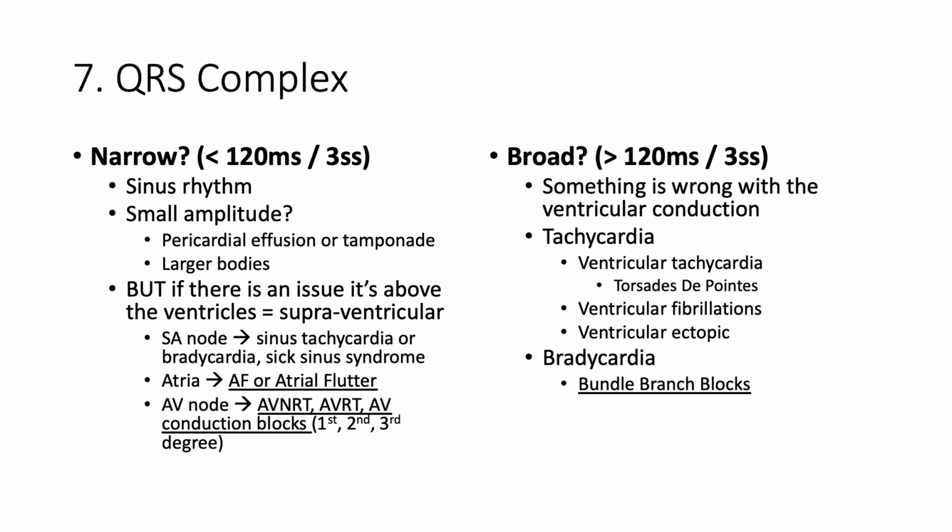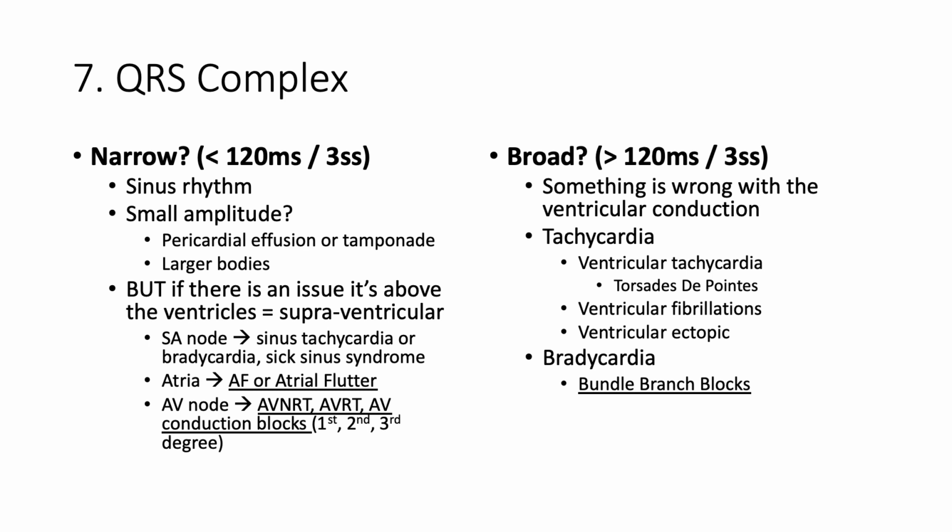If your QRS complexes are narrow, so there's not really an issue in the ventricles, but they're quite small, it can mean that the heart is surrounded by blood or fluid. And it can also mean that people are a bit larger, so there's more tissue to have to move through, either tissue or fluid.